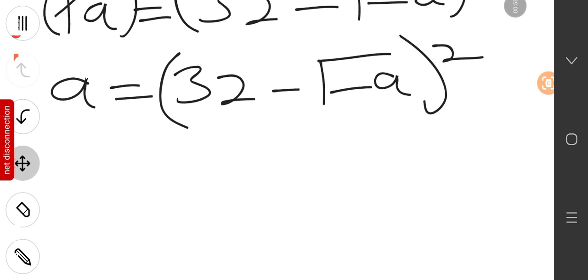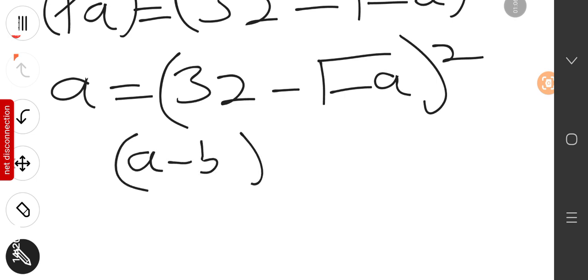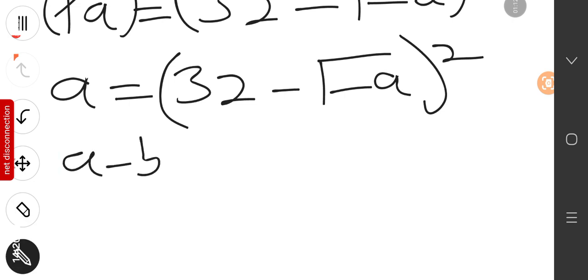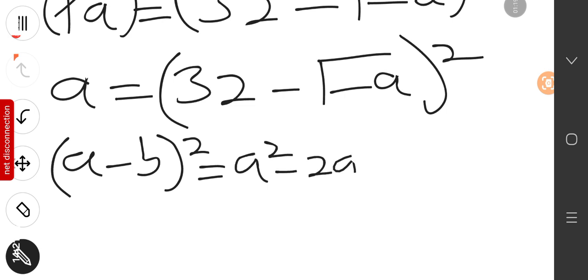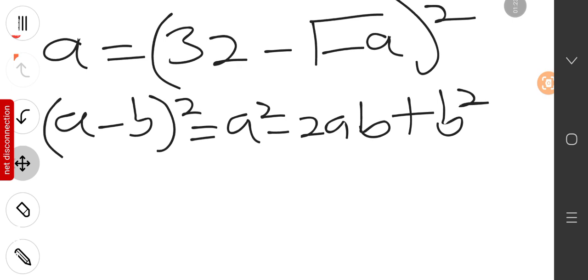Here we're going to apply the square of a difference formula. If you have a minus b all squared, this equals a squared minus 2ab plus b squared. So this is what you have.